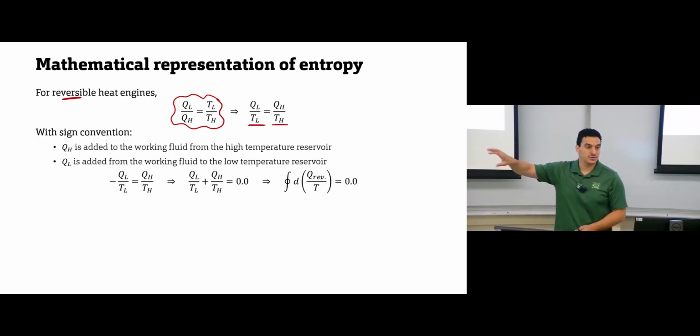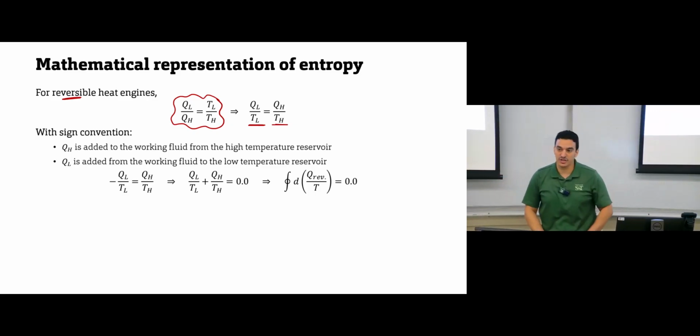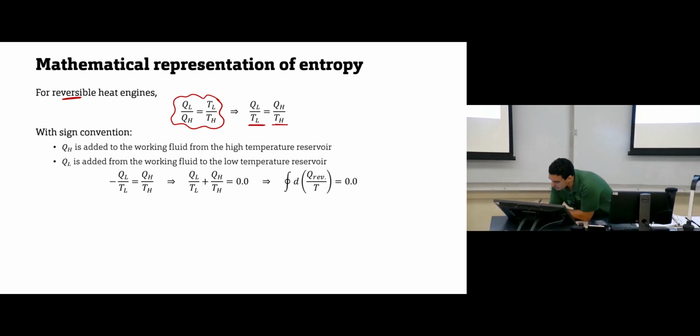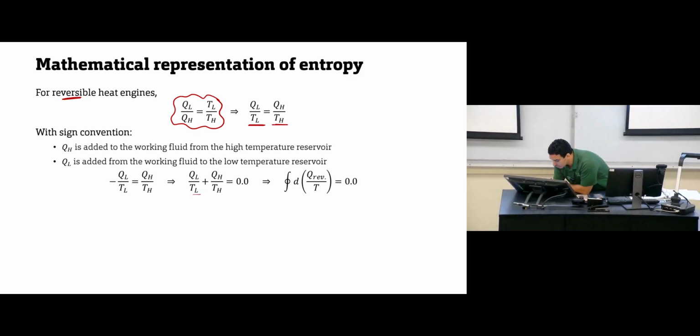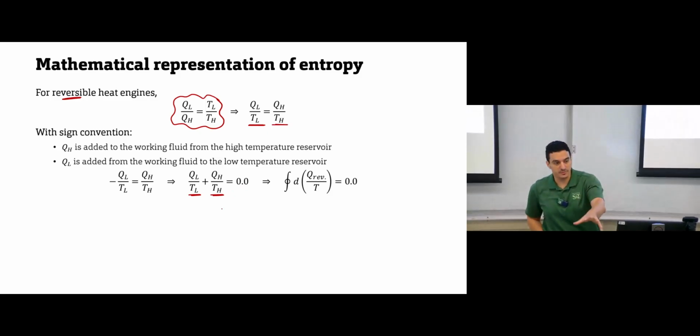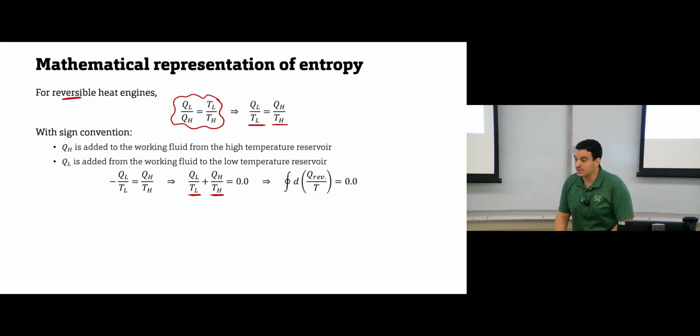If you analyze everything that happens in terms of energy transfer for the heat engine, you will see that for the reversible heat engine, QL over TL plus QH over TH will be 0. The same amount of heat that the engine gains is the same amount of heat it rejects at the low temperature reservoir.